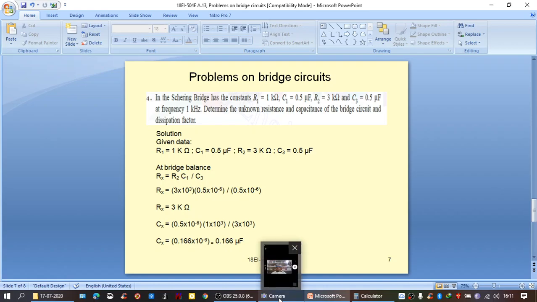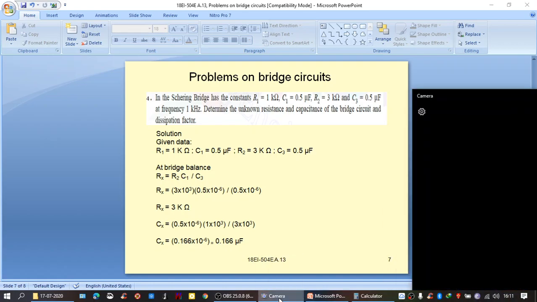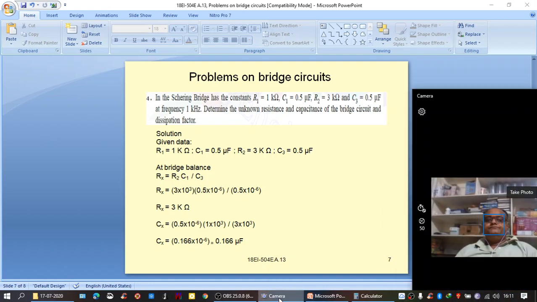Then the expression for Cx is C1 R2 by R1.